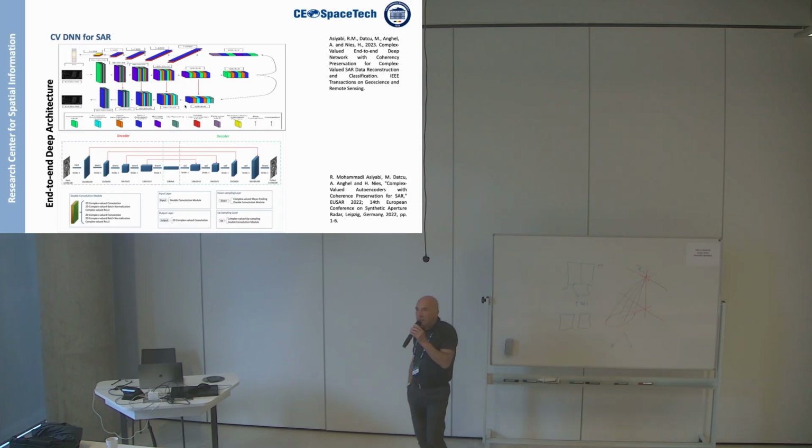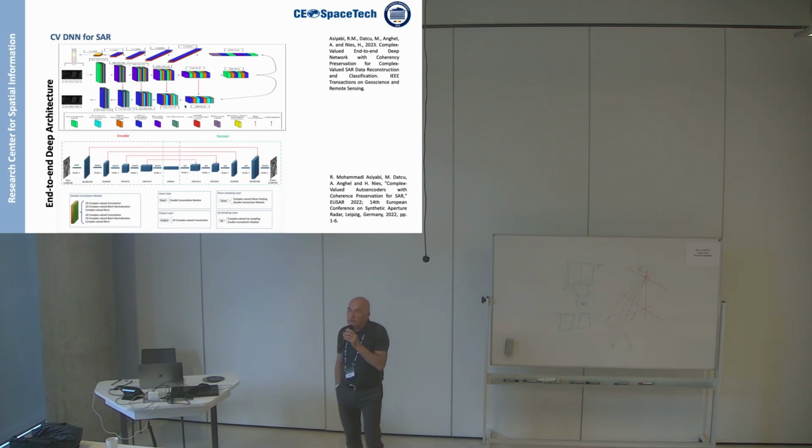And these are examples of complex-valued deep learning, convolutional, and an autoencoder. Definitely, they are implemented according to the algebra of complex numbers and the statistics of complex numbers.